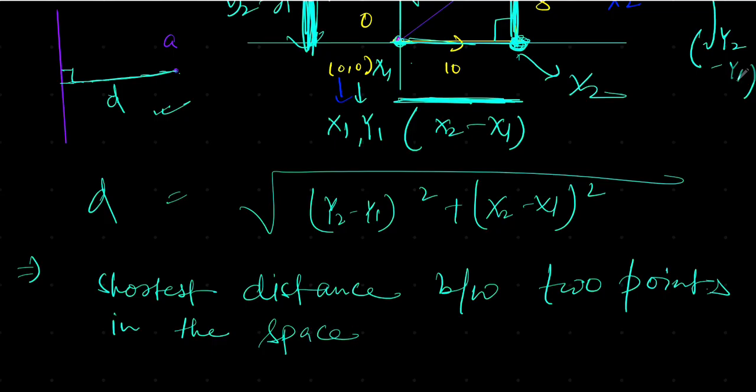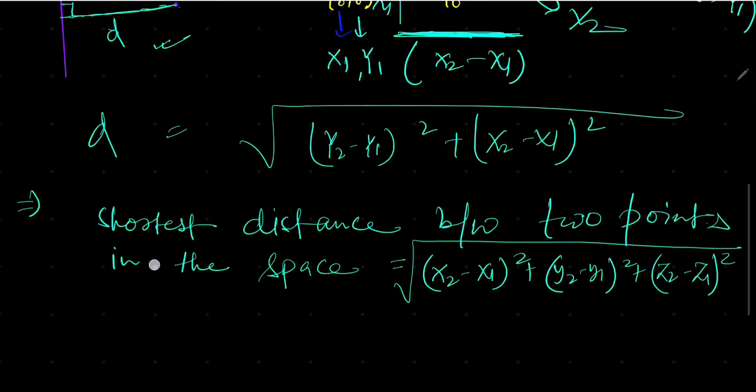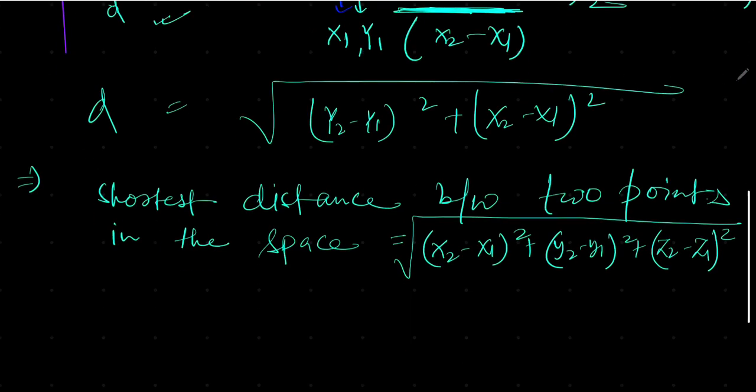Mind it that if shortest distance is not written and it is only written distance, you have to calculate the shortest one by default. The distance between 2 points in the space is given by the root of x2 minus x1 whole square plus y2 minus y1 whole square plus z2 minus z1 whole square. This is it. You have to memorize this formula, a very important one.